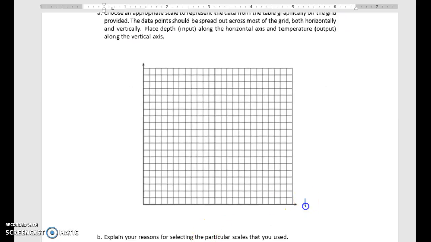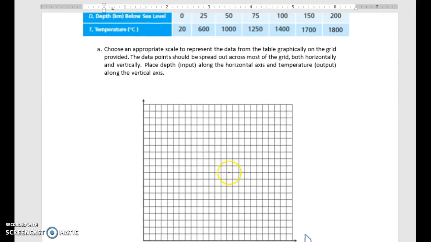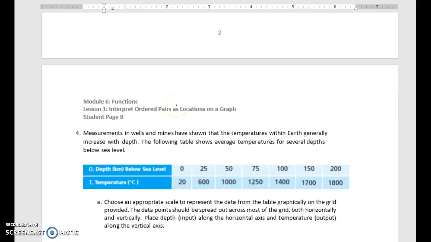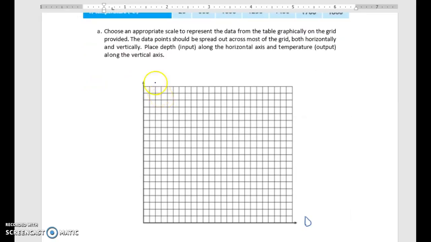So D, and then I think we used T. So our variables, D and T, and then we have to name the variable.